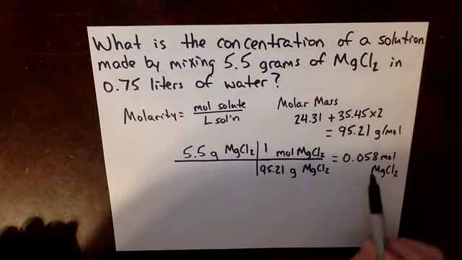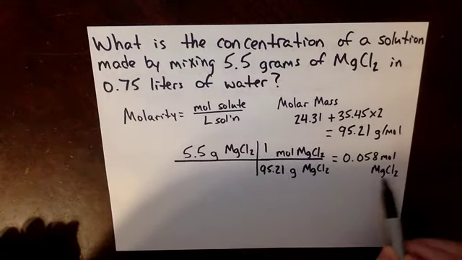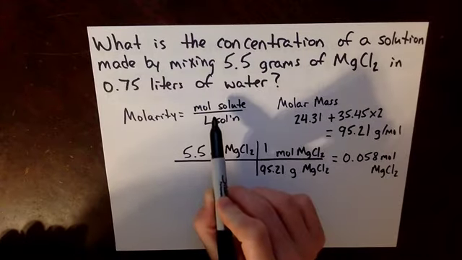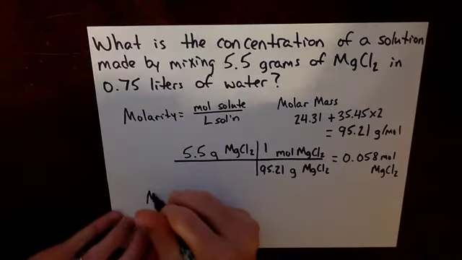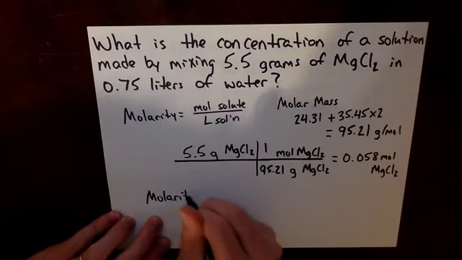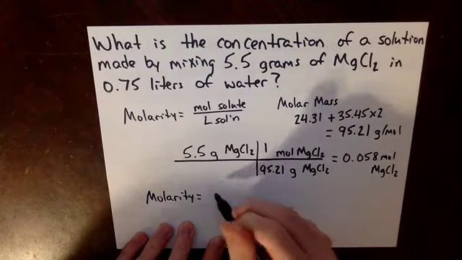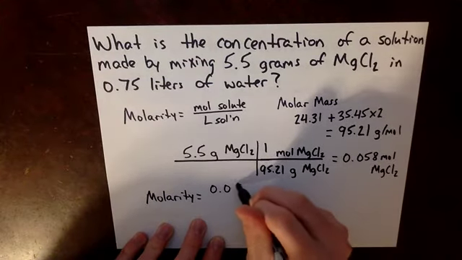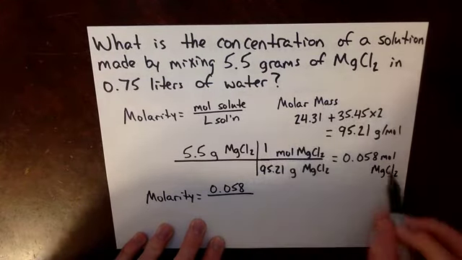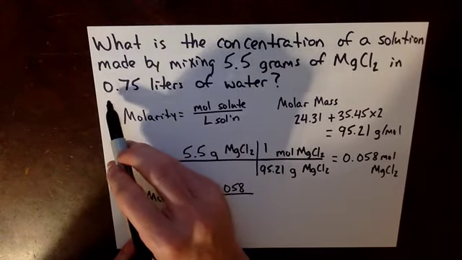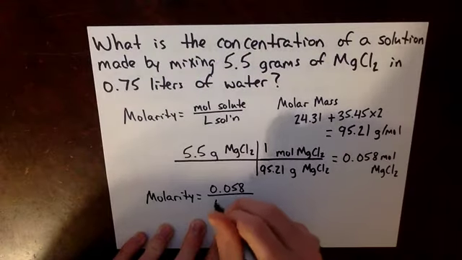Now we're not done. We did all that work just to get this grams converted into moles of our solute, which now we can come up here and place into our equation. So in order to find the molarity, we'll just set molarity equal to your moles of solute, which is 0.058 moles, divided by your liters of solution, and this is happening in 0.75 liters.